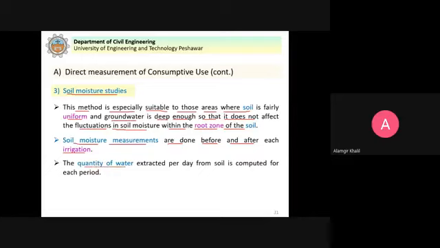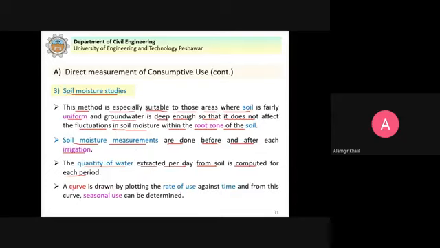The quantity of water extracted per day from soil is computed for each period. A curve is drawn by plotting the rate of use against time, and from this curve seasonal use can be determined.